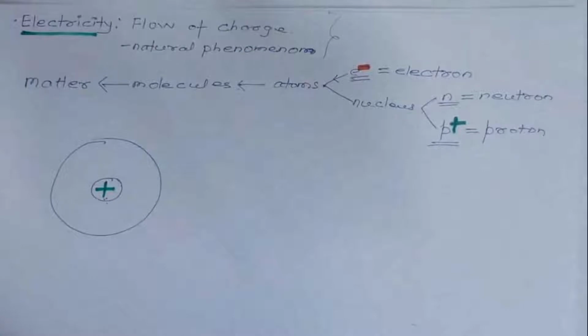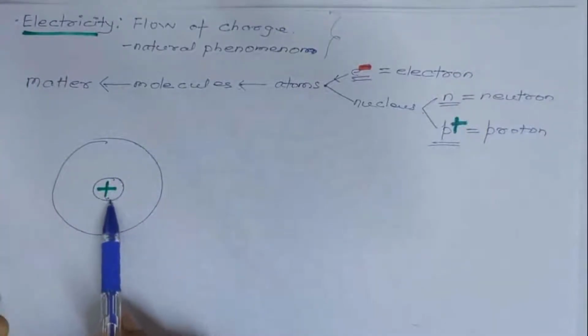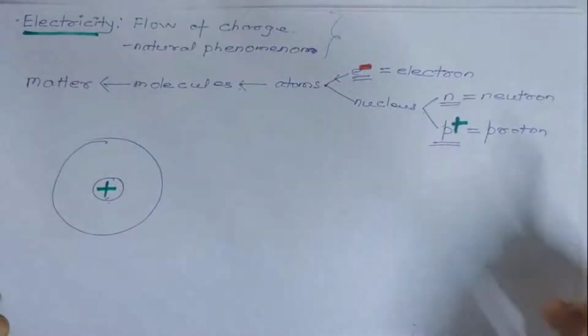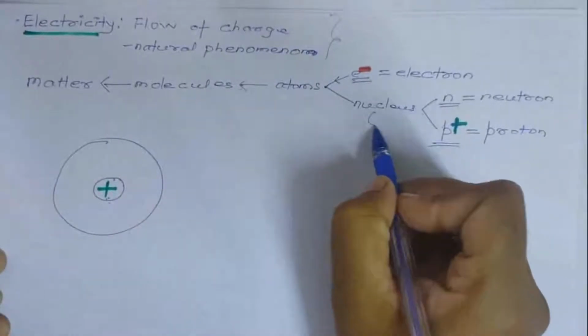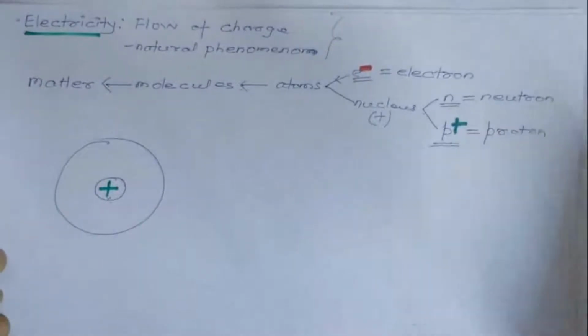So now if I ask you how an atom looks like, the answer is this. An atom looks like this. It has a nucleus at its center, which is positively charged. This is what we discussed right now. Why is it positively charged? Because it has protons. And neutrons don't carry any charge.